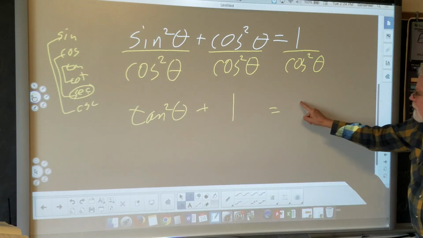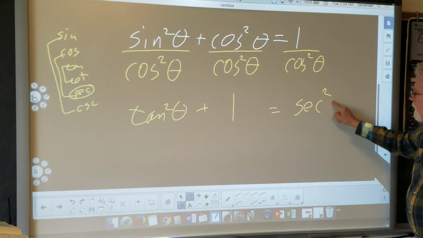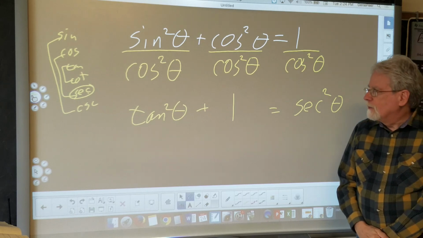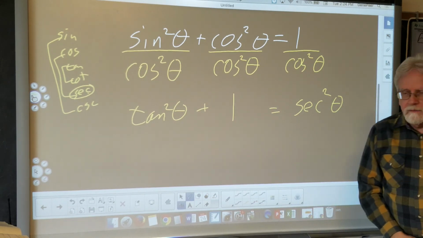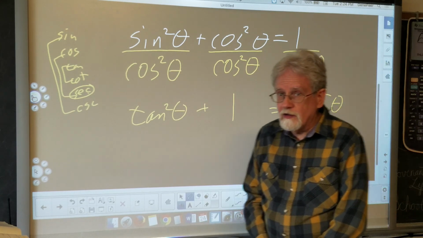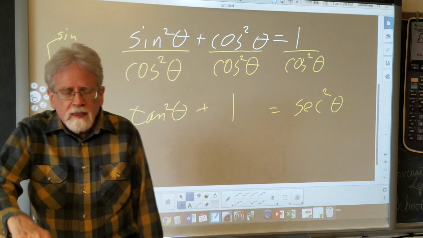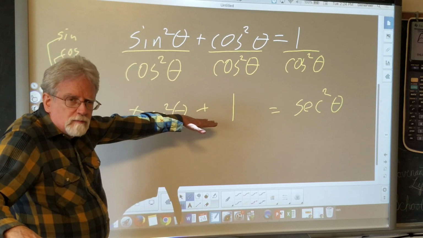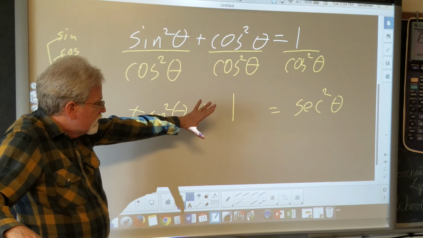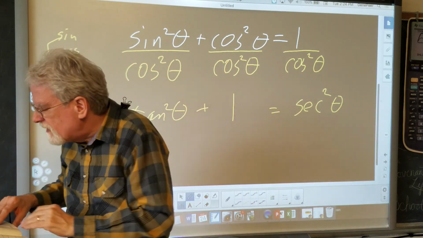So this simply becomes secant squared theta. Pretty cool. Tangent squared theta plus 1 equals secant squared theta. That will come in very handy. That's one that you need to know. I'm going to show you a trick that will make it a little easier to remember this, but not quite yet. We'll get there momentarily.